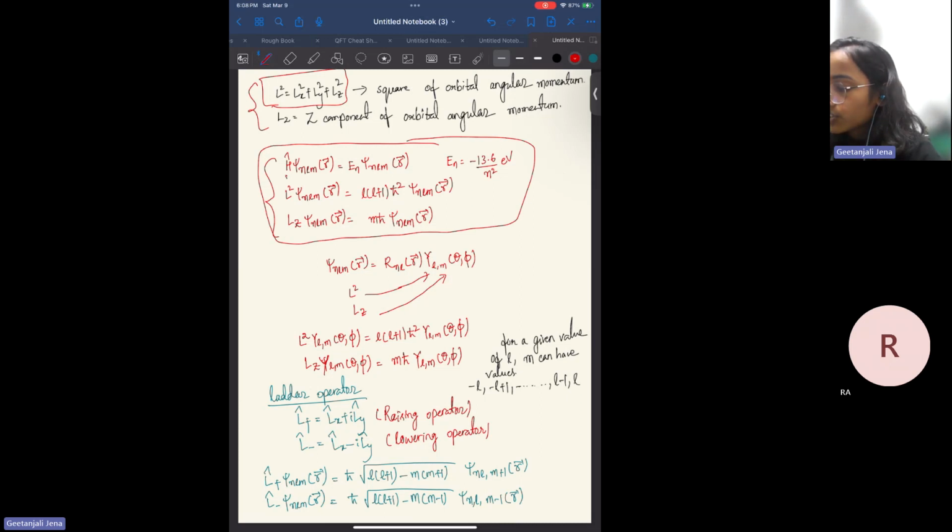If H acts on psi n l m, it gives the eigenvalue E n with the same eigenstate psi n l m. If L squared acts on this eigenstate, it gives the eigenvalue l(l+1) h-bar squared times psi n l m. And if Lz acts on psi n l m, it gives the eigenvalue m h-bar with the same eigenstate.